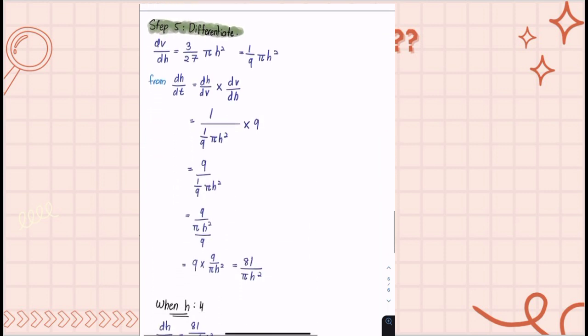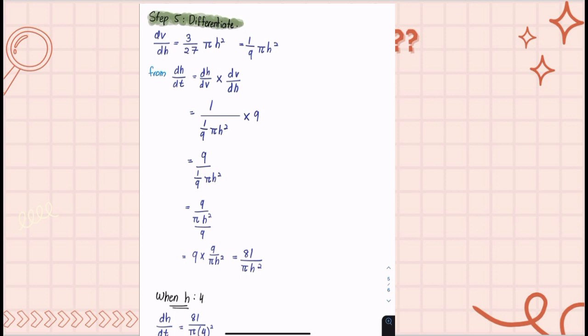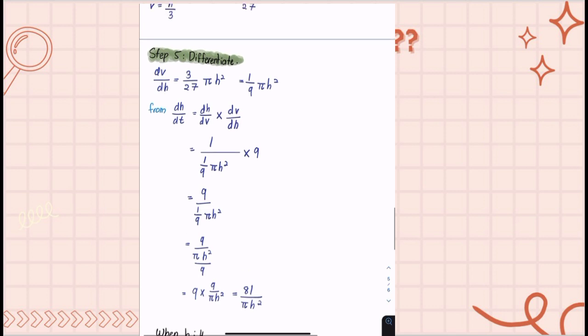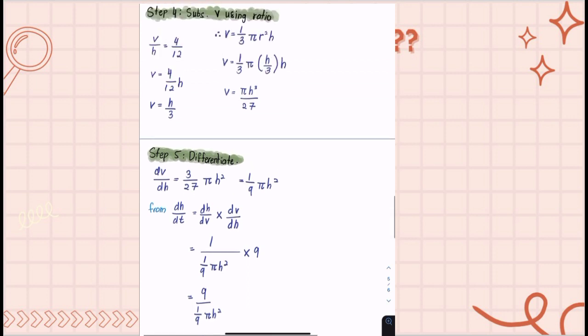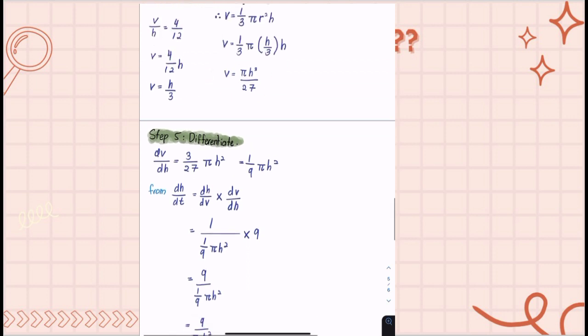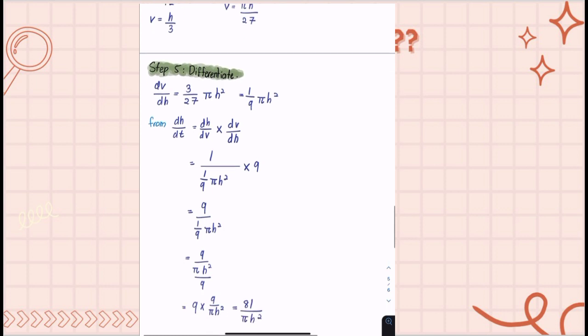For step 5, we need to differentiate, so dV/dh equals 3 over 27 pi h squared, which we get from step 4. So it will be 1 over 9 pi h squared. dh/dt is equal to dh/dV times dV/dt, which we get from step 2.